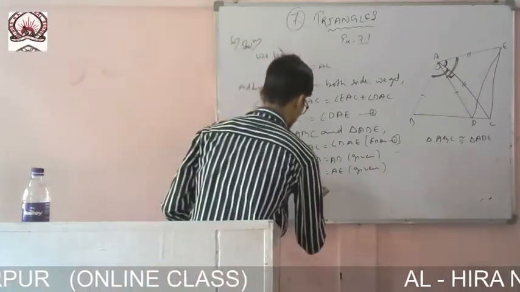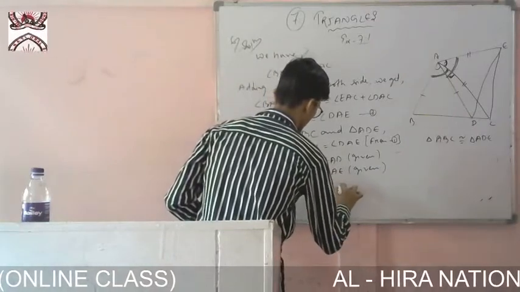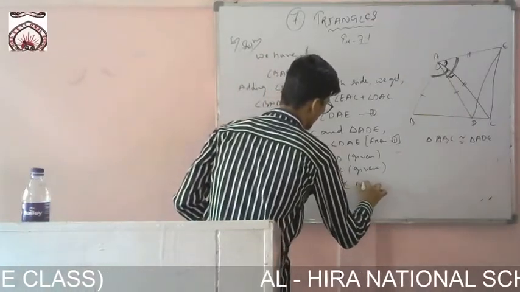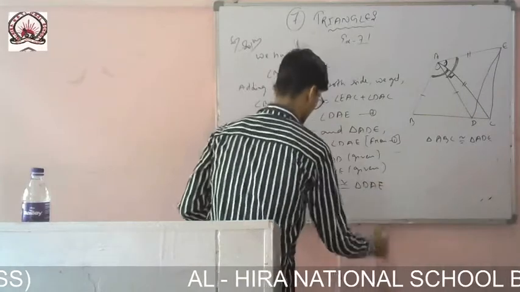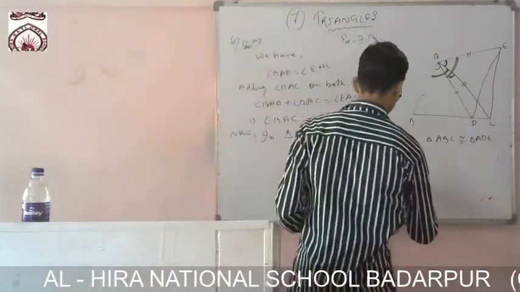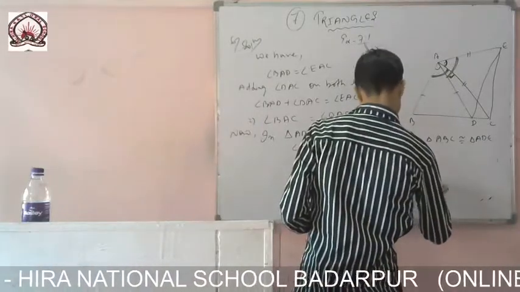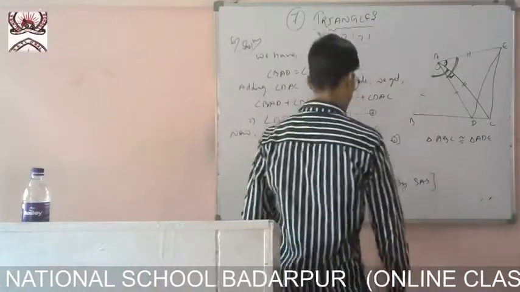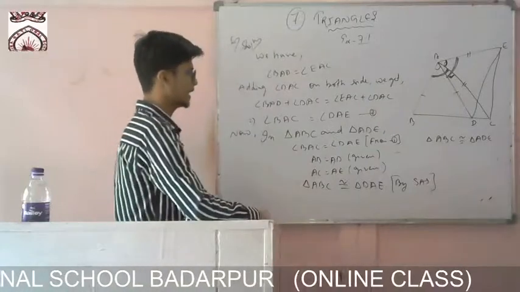So that means these two triangles are equal. So triangle ABC is congruent to triangle DAE, and the postulate will be by SAS, side, angle and side.